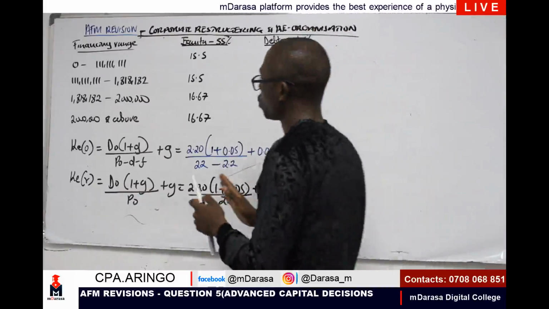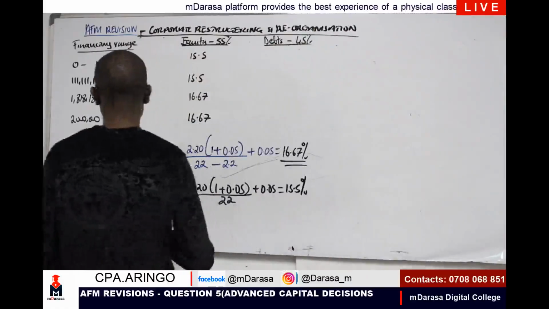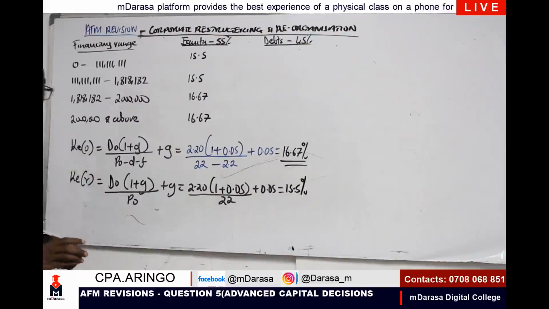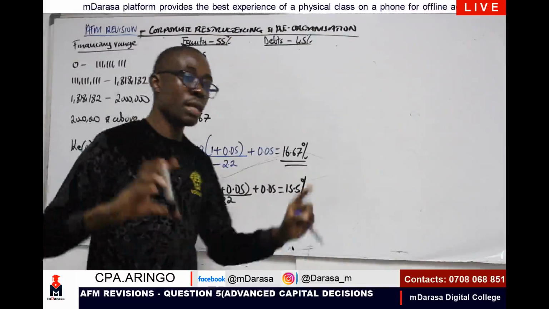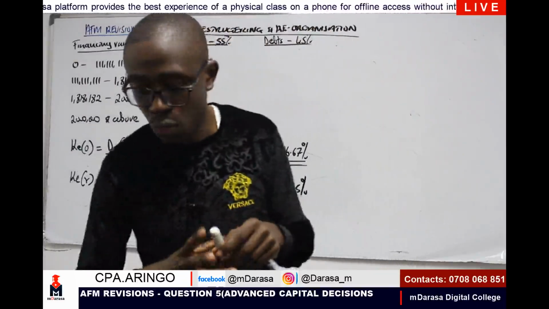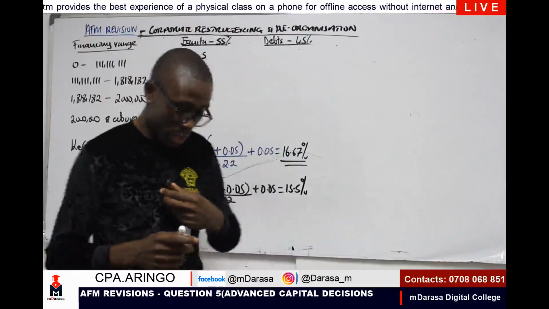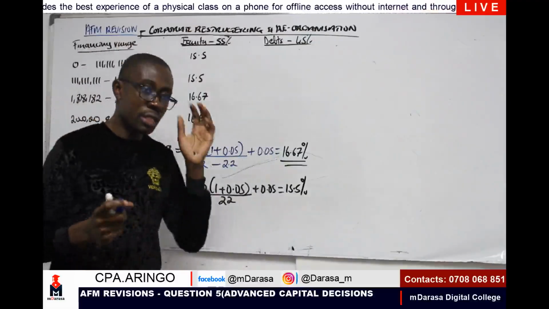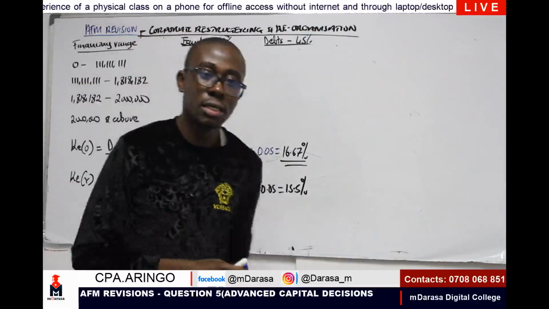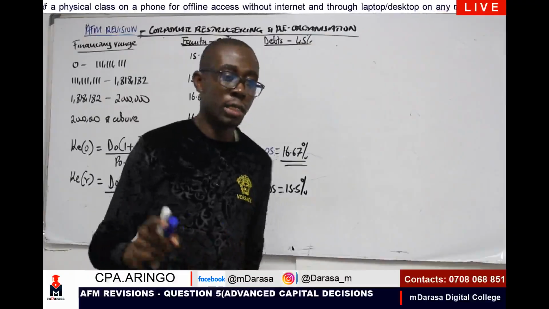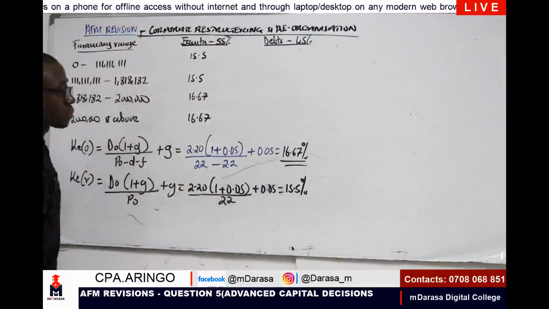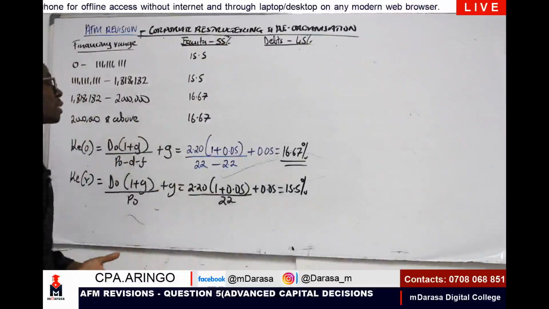This is in relation to our equity. The whole concept we are looking at here, my good students, is what we can have as our maximum. We can't go beyond 1.18.